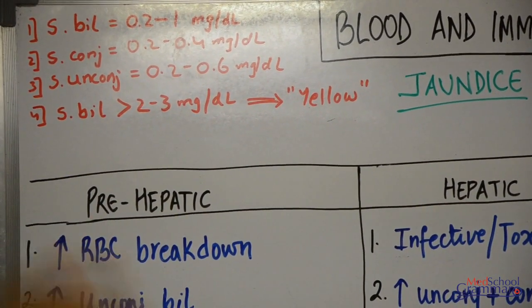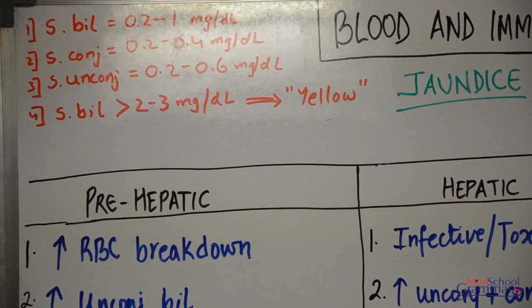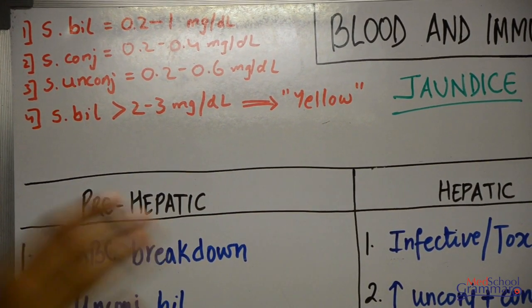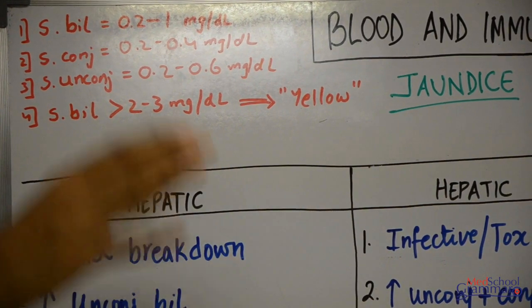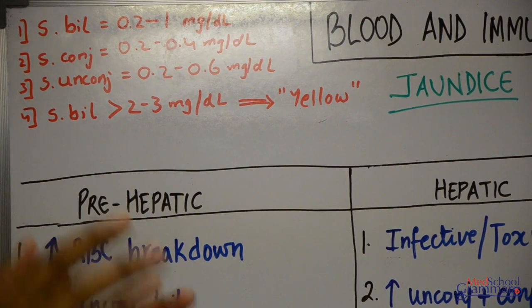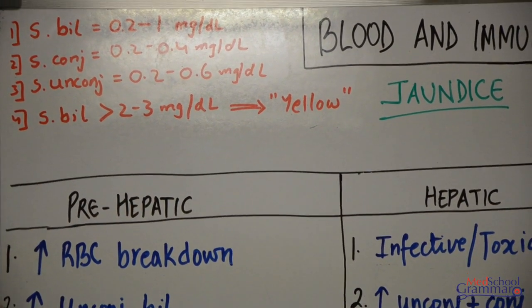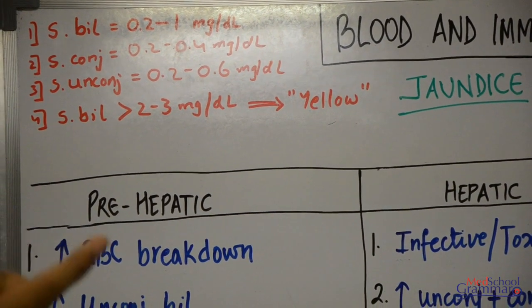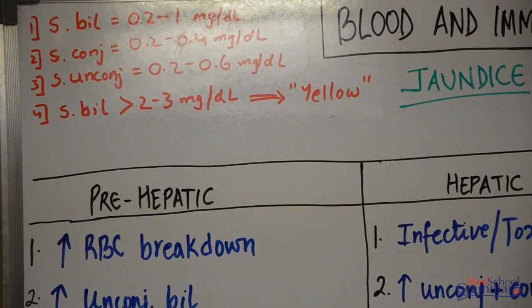Now whenever bilirubin levels rise above the normal levels, we say there is jaundice. To clinically detect jaundice, the person shows yellow discoloration of skin, sclera and mucous membrane. Sclera is the white portion of the eyes, and the mucous membrane that we see like the conjunctiva.